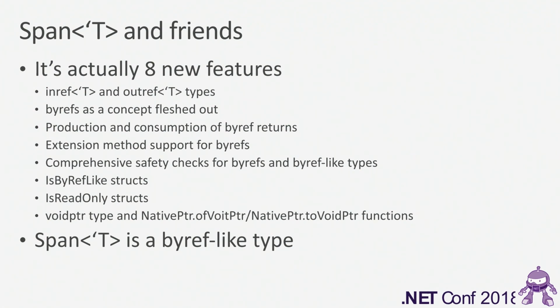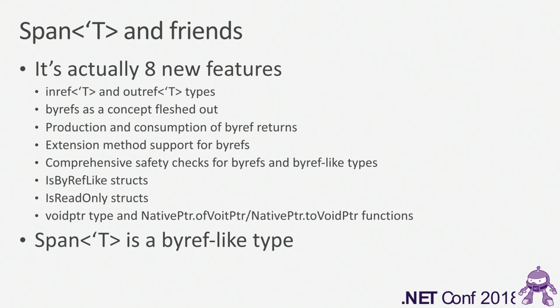And so we basically restrict what you can do, similar to how some of the newer versions of C#, like C# 7.2 and 7.3, restrict usage of certain things like Span of T. We apply very similar safety checks, just with some extra F# semantics. We have IsByRefLike structs and IsReadOnly structs, which I'll talk about a bit more. And then we have the voidptr type and some functions in the NativePtr module, ofVoidPtr and toVoidPtr.